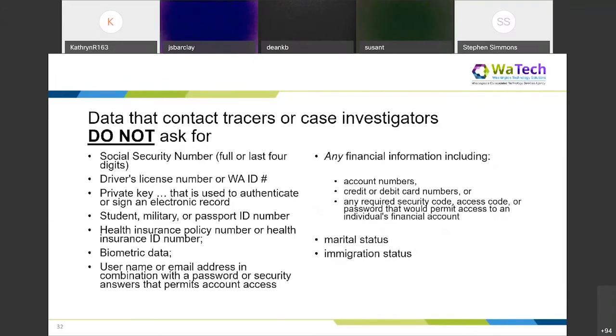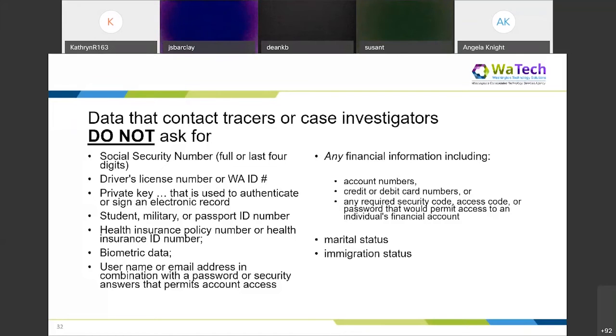For all the information that they collect, I think it is important to understand what case investigators or contact tracers are not collecting. And some of you may recognize this list from the data breach webinar that I gave recently. These are almost all of the personally identifiable information that people need to be notified of if they're breached, which case investigators are not going to be asking for: any type of financial information, account numbers, credit card numbers, passwords, military, passport ID, health ID, social security number.